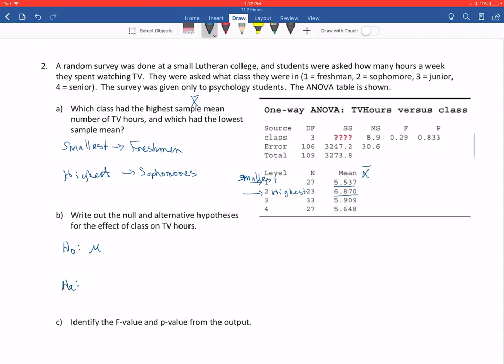Our null is going to be that they're all the same, so that mu1 is the same as mu2, mu3, and mu4. And my alternate will be that at least one of these is different.